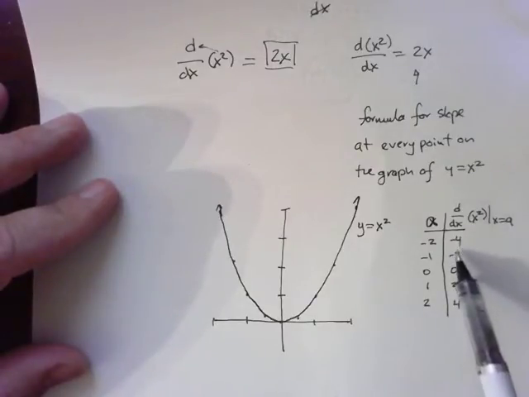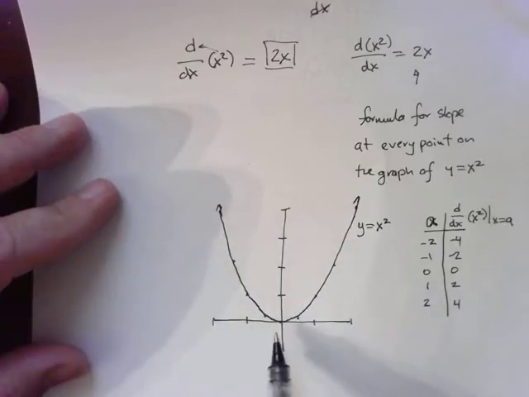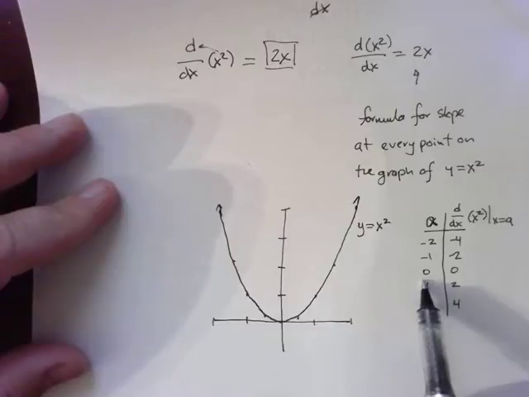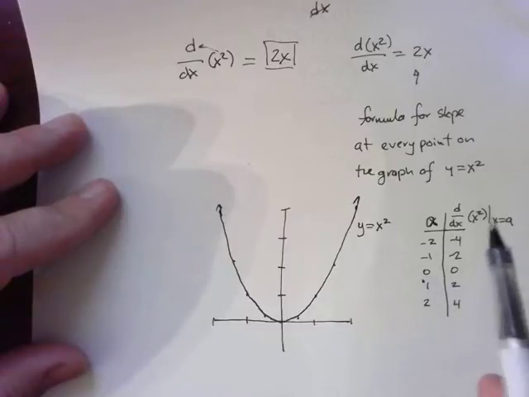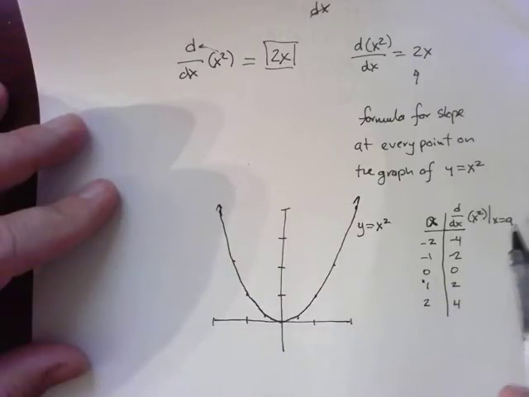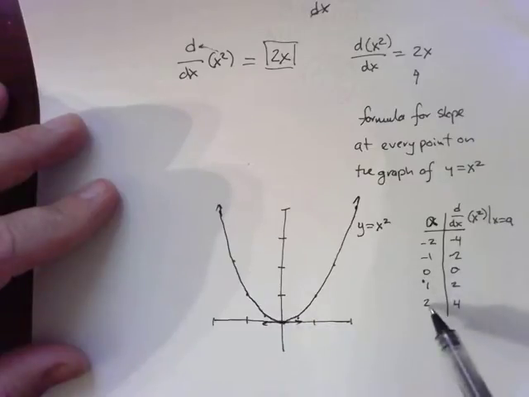These are telling you the slope at each point along this curve. For example, when x is 0, the derivative of x squared at 0 is 0 according to this, and we see over here we have slope 0. The tangent line is slope 0. At 2, this tells me the slope should be 4.